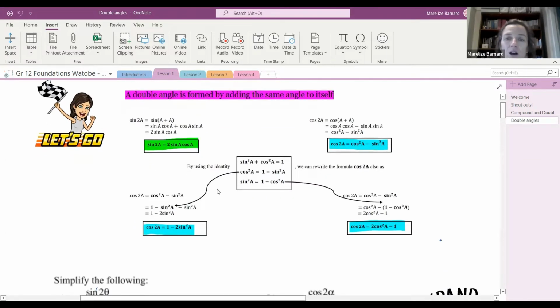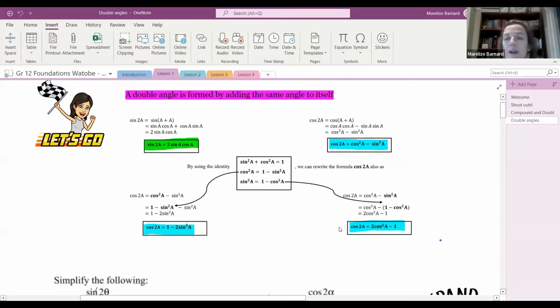So those are the expansions for the double angles: sine of 2A and cos of 2A. Sine of 2A only has that one expansion, and then cos of 2A. 2A meaning it's a double angle.